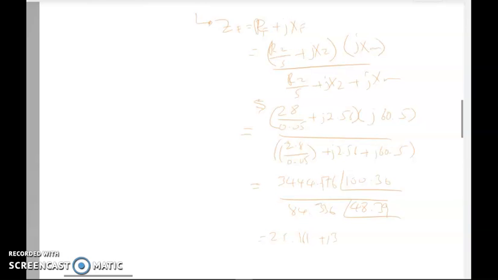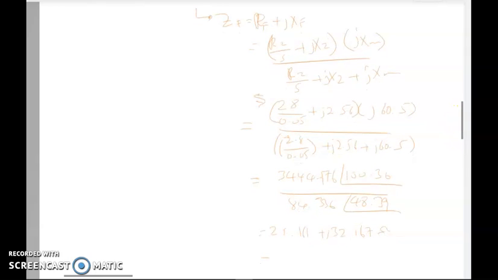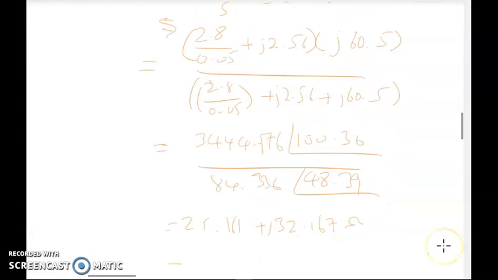You should get for this part 25.161 in complex number, and in polar form 40.838 at the angle of 51.966 degrees ohm. So this is the value of your Z forward.